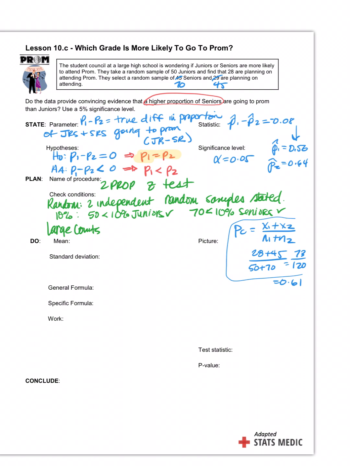So using that logic, we pool them. We take the x value of the first sample, the x value of the second, add them up, and divide by the total number of both samples. When I do that in this example, I have 28 plus 45 over 50 plus 70, which results in a pooled p of 0.61.